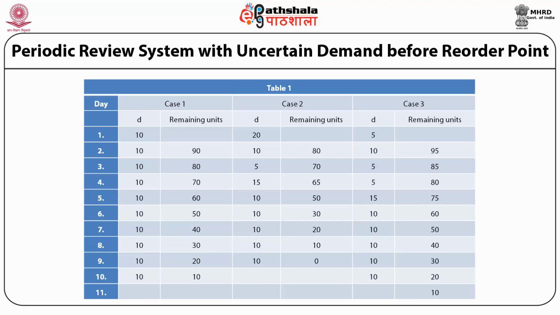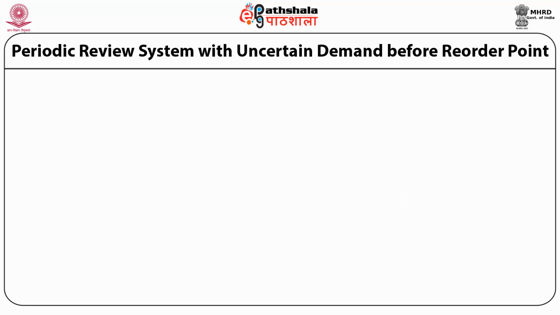Case 1 day 3, remaining units 80. Case 2, D equal to 5, remaining units 70. Case 3, D equal to 5, remaining units 85. Likewise, on day 10, D equal to 10, remaining units 10. In case 2, D equal to 10, remaining units 0. In case 3, D equal to 10, remaining units 20.